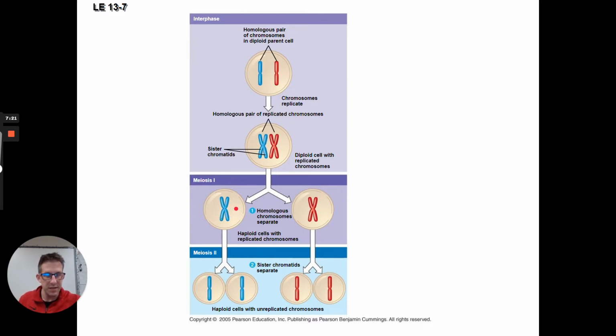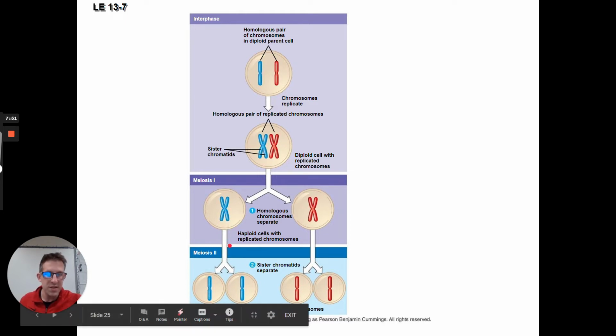It's nowhere to be seen in this cell, so we can unequivocally say that this cell is haploid because it has half the number of chromosome sets than it did previously. And this one over here has mom's original set of chromosomes, and where's dad's? We don't see dad's in here, so it has half the number of the original sets, so we can say it's a haploid cell.